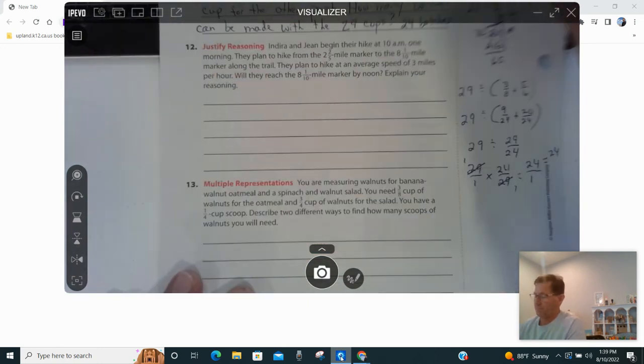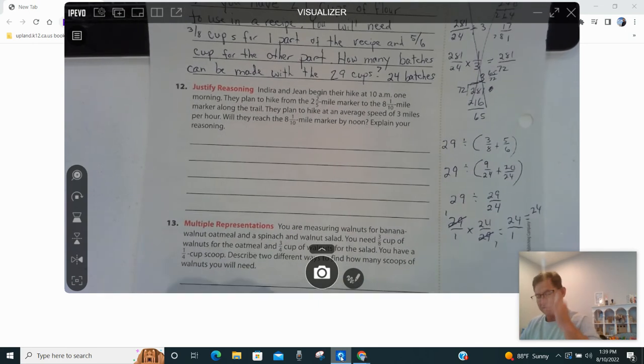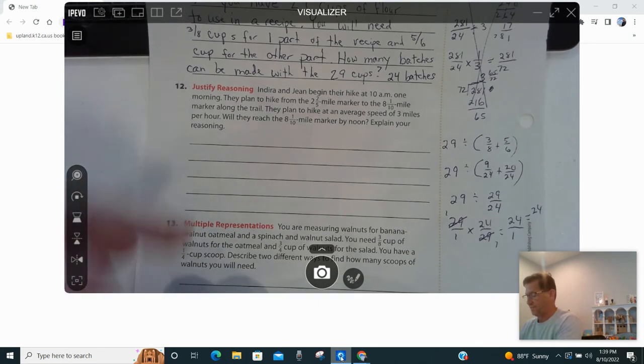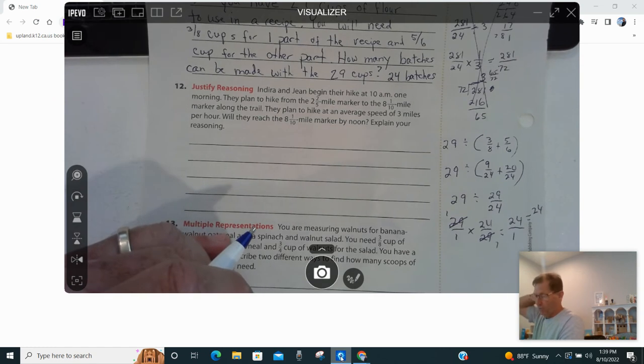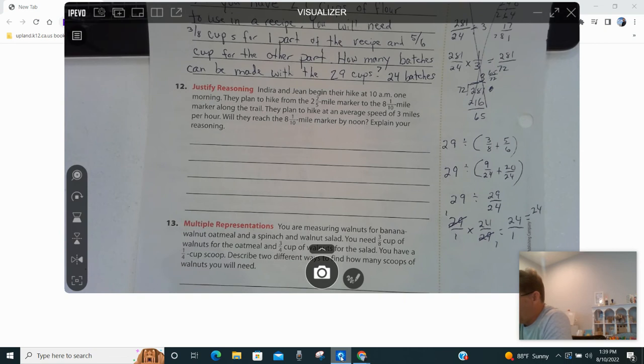All right, number 12. Indira and Jean began their hike at 10 a.m. one morning. They planned to hike from the 2 2/5 mile marker to the 8 1/10 mile marker. They plan to hike at an average speed of 3 miles per hour. Will they reach the 8 1/10 mile marker by noon?